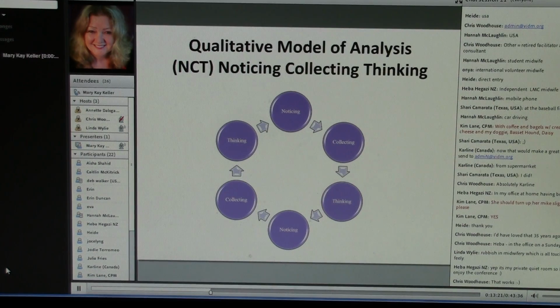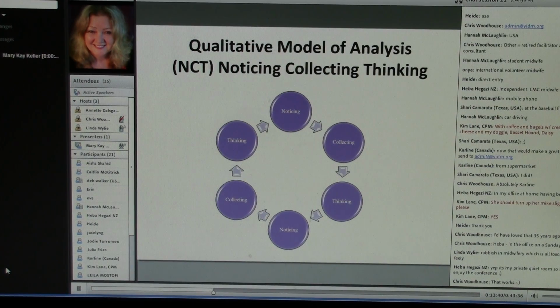And in there, she quotes other researchers who use the NCT, which is noticing, collecting, and thinking. And you'll notice that the pattern is very circular. And so you repeat the pattern until you find a level of saturation.